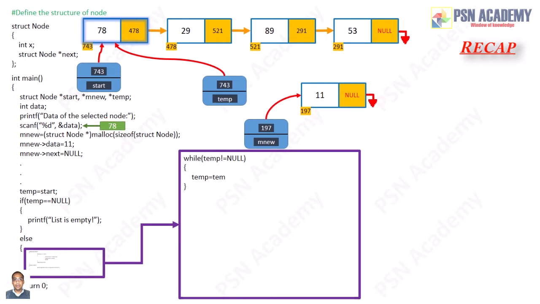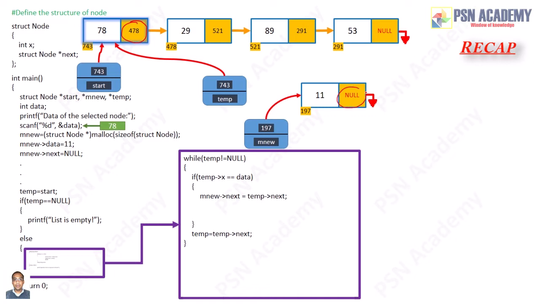So we wrote here temp equal to temp next, and before moving the temp to the next node, we checked whether the temp's data, where the temp is actually standing, is matching with the data. If it matches, then we wrote temp new next equal to temp next. That is, temp next is this part. So this will be loaded with m new next.